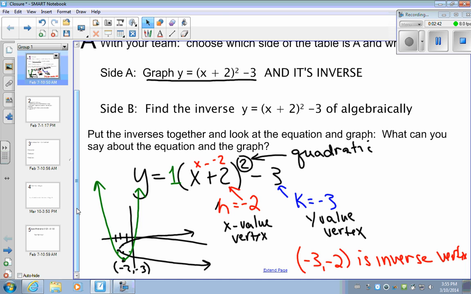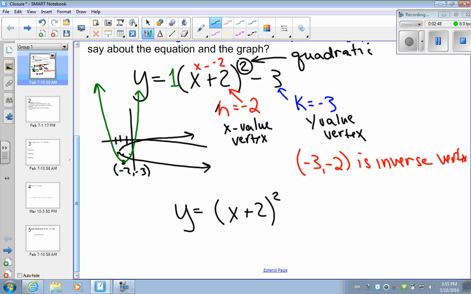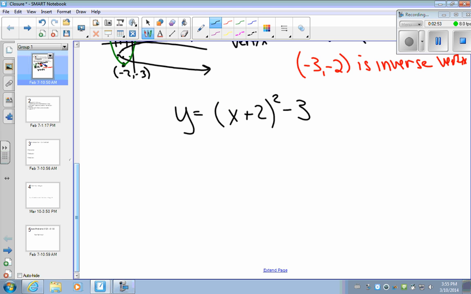How I would do this algebraically, some of you like to make a little list of what you would normally do to x. Personally, I might just switch x and y around, and then I would algebraically solve for y.